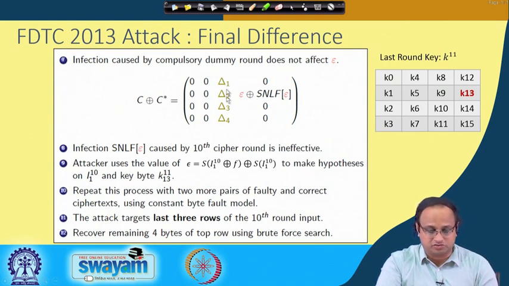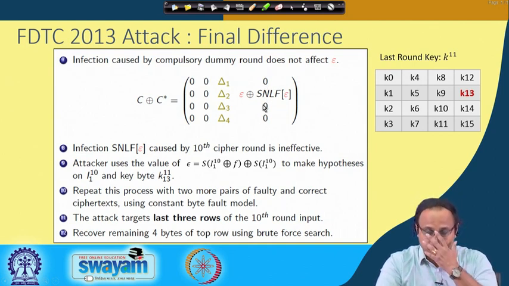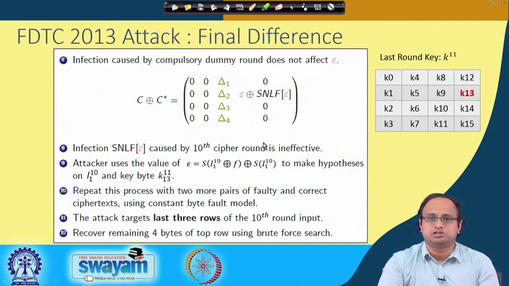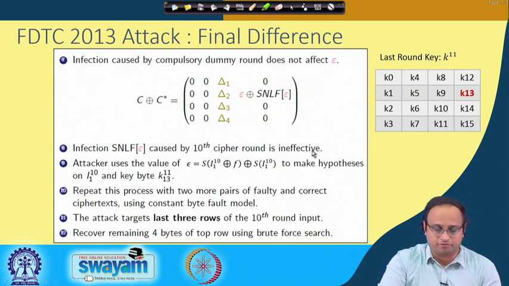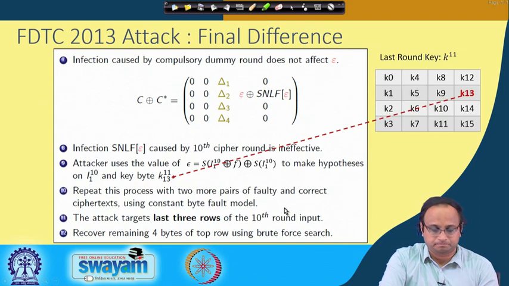This attack would work on pretty much all the last 3 rows of AES, because in all of them, because of this shift, this particular disturbance gets exposed to the adversary. I will emphasize later that if this fault happens in the first row, then this will not happen, because there is no shift in the first row of the AES state matrix when we are considering the AES round.